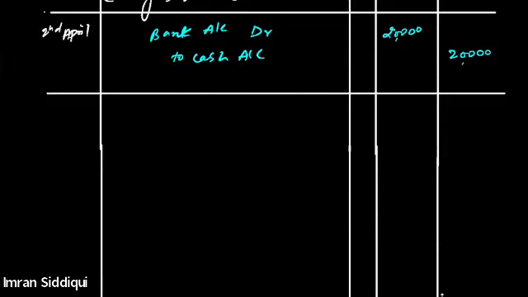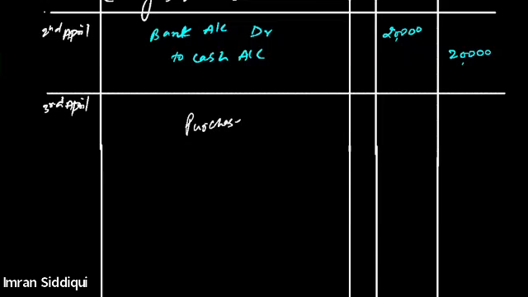Okay. Then the next transaction took place on 3rd of April, purchase of goods for cash. It will be purchase account to the cash account. Since we are buying goods, it is an expense.